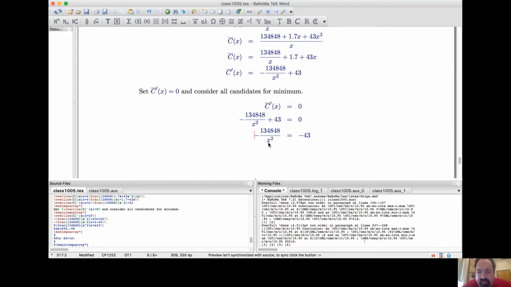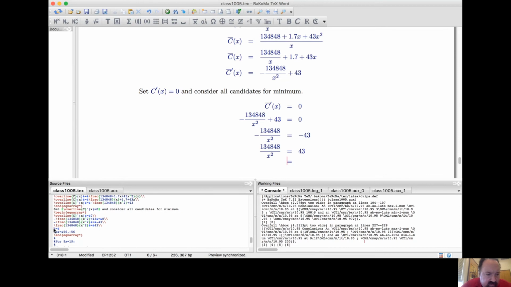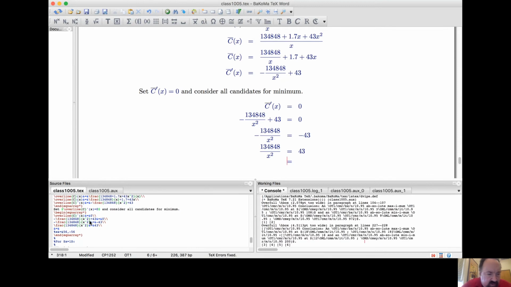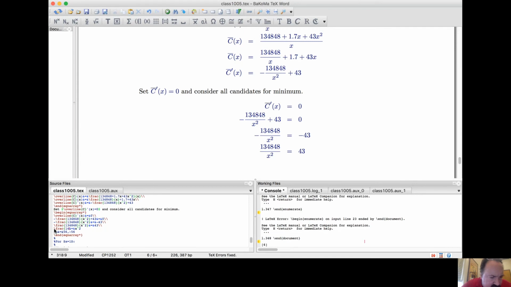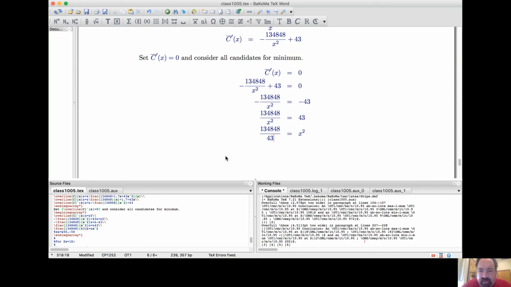So if we multiply both sides by x squared, and then divide both sides by 43, then we get that.